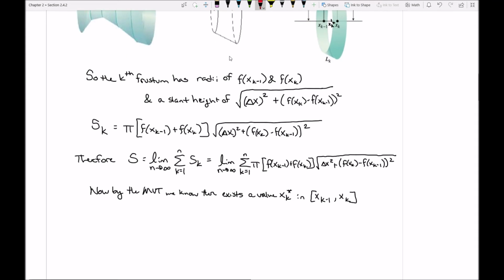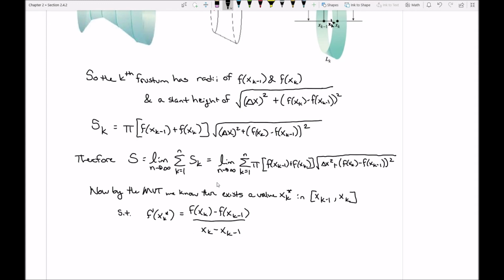And so we can go ahead and summarize that by stating that there is a value in this interval, again, such that I know that the derivative at my xk star, that is the slope of that tangent line, is going to be equal to the slope of my secant line. That is the line that connects those two endpoints.